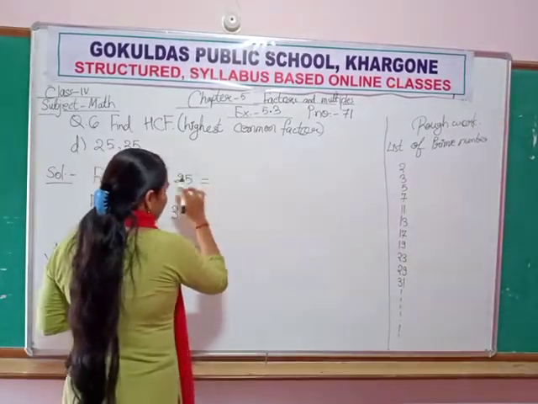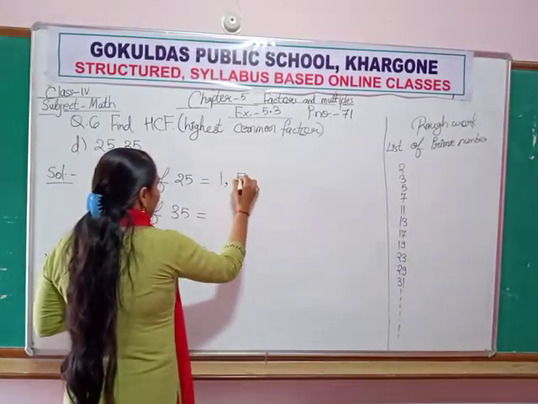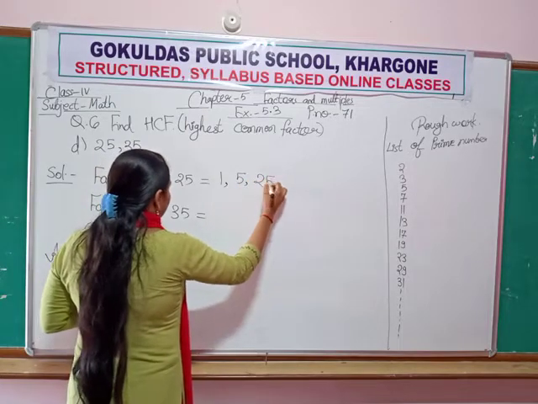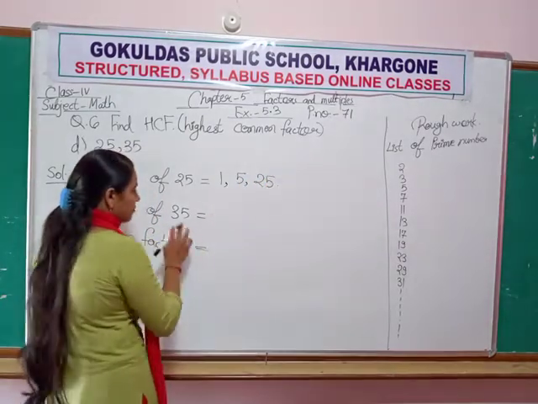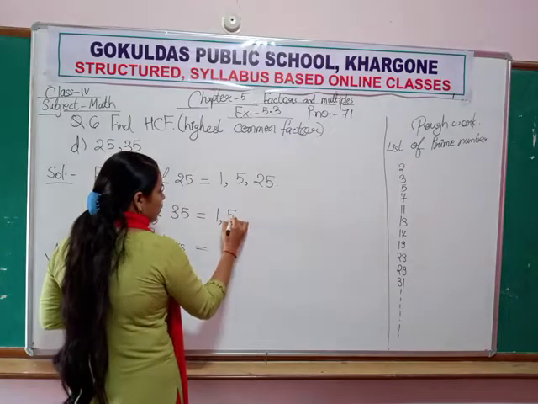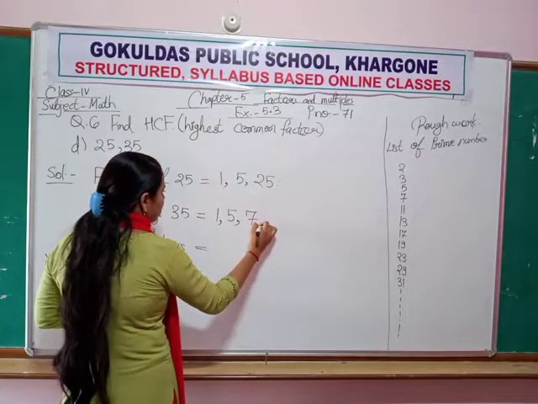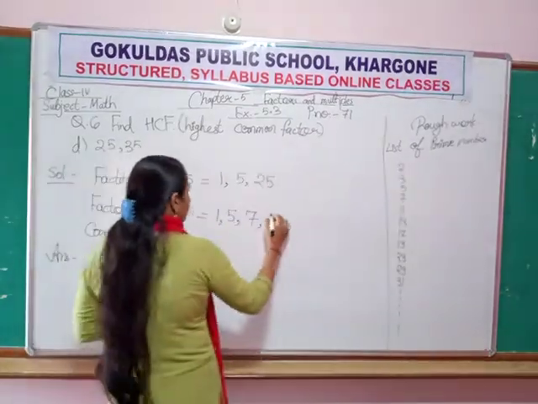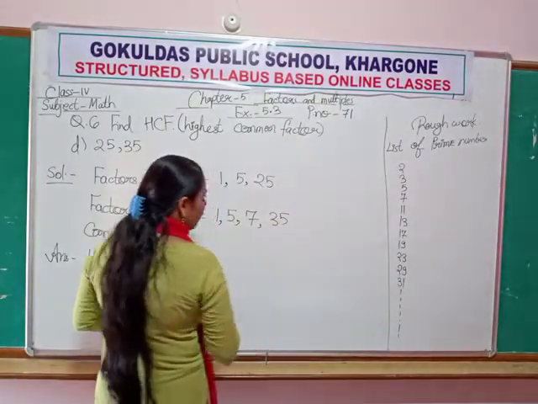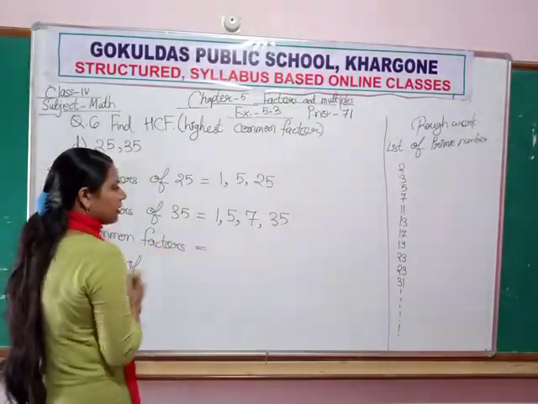Factors of 25: 1, 5 and 25, only 3 factors. Factors of 35: 1, 5, 7 and 35.